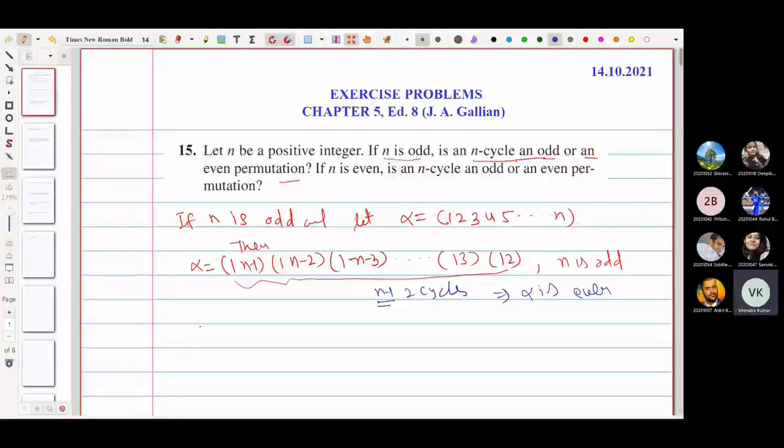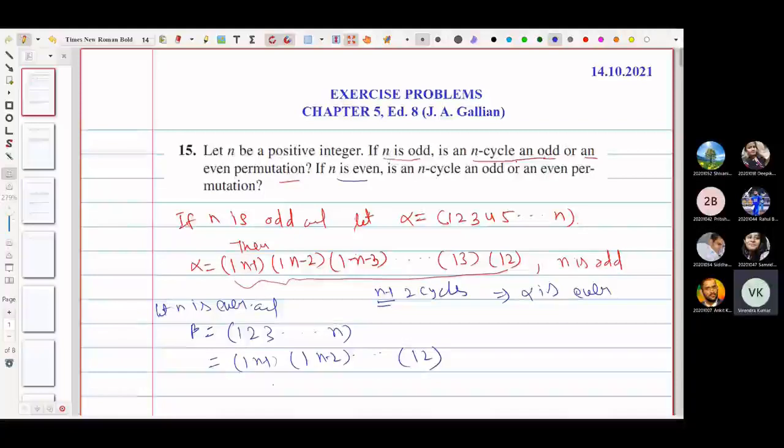Similarly, in the other case, if n is even, let beta be an n-cycle (1 2 3 ... n). In the same way we can write (1 n)(1 n-1)(1 n-2) ... (1 2).